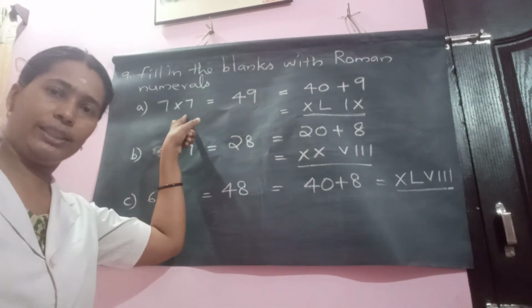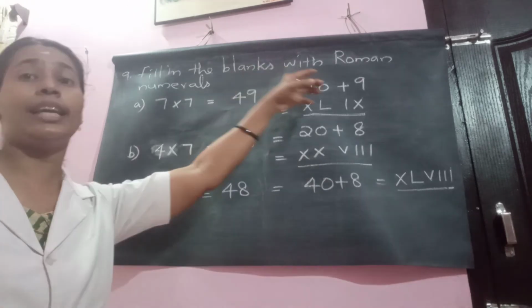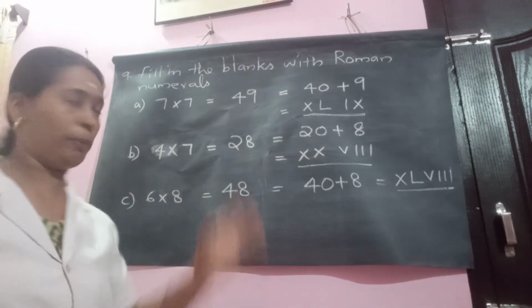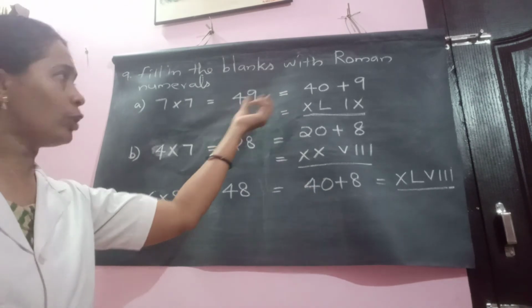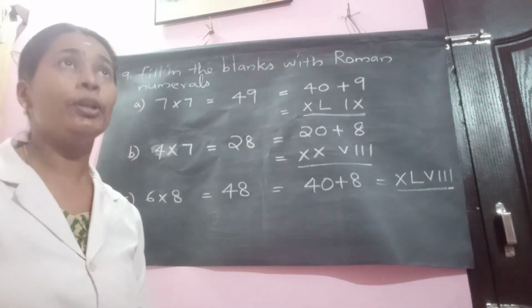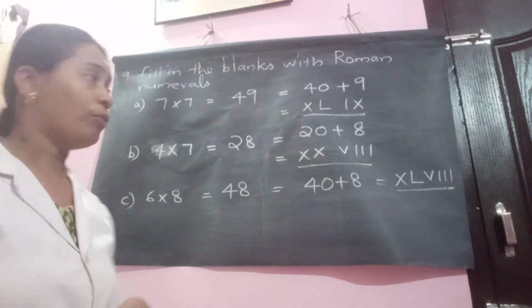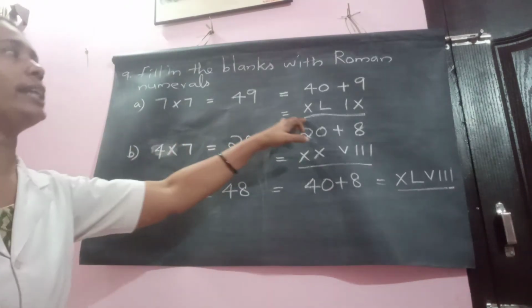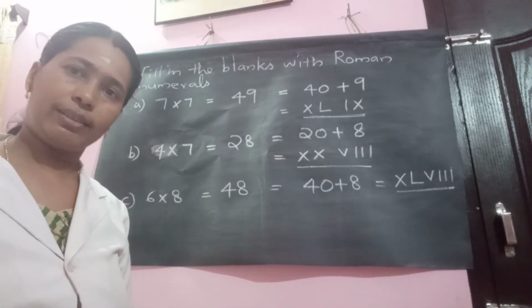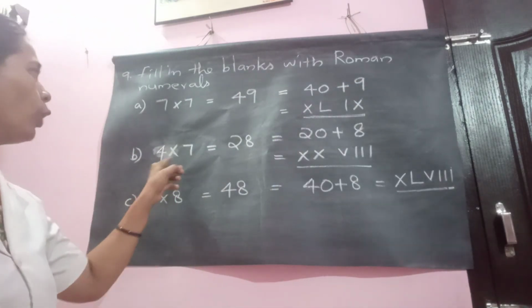Then how do you write 49 as a Roman numeral? They asked you the product as a Roman numeral. We split 49 into 40 plus 9. 40 is written XL, and 9 is written IX. Finish.